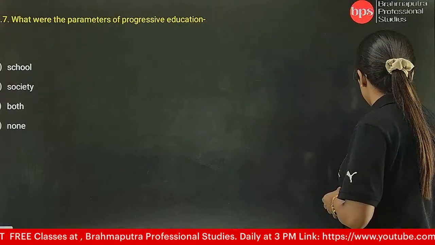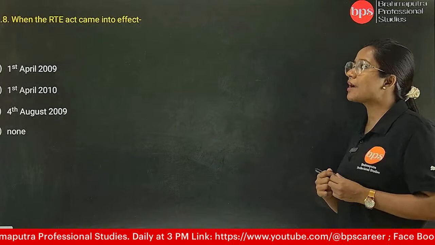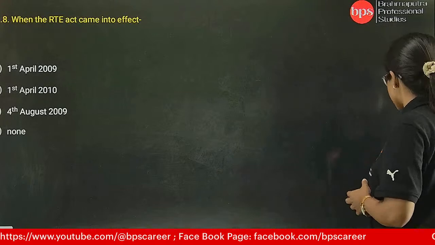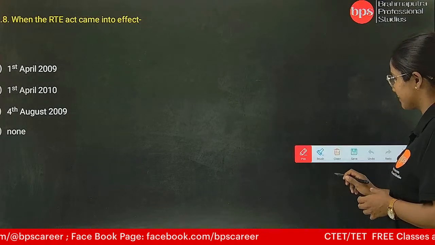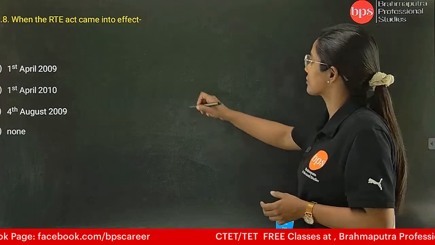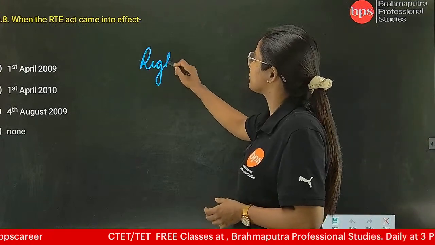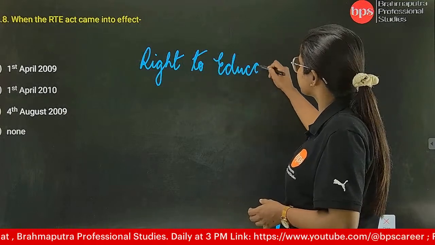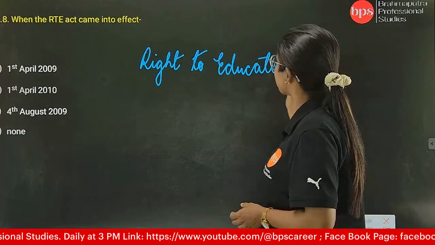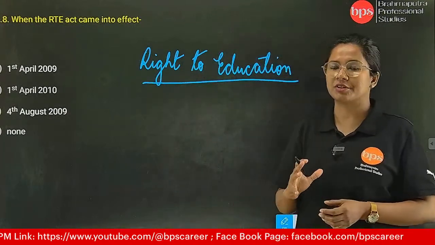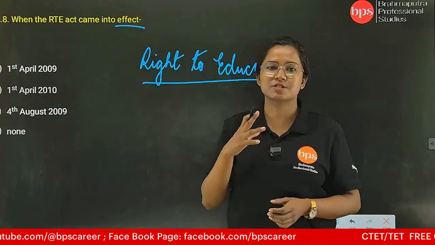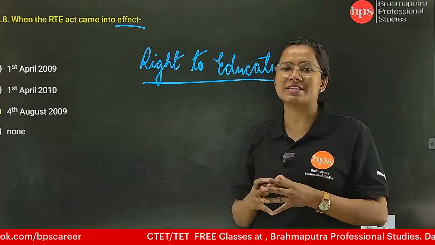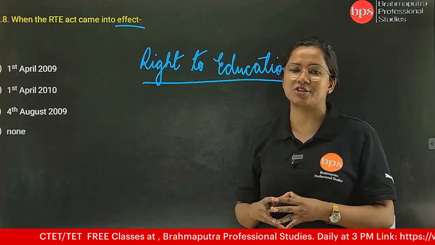Next we have question number 8. When did the RTE Act come into effect? Now what is the RTE Act? It is Right to Education. When it came into effect, we will speak about that. But before this, what is the basic criterion of right to education?